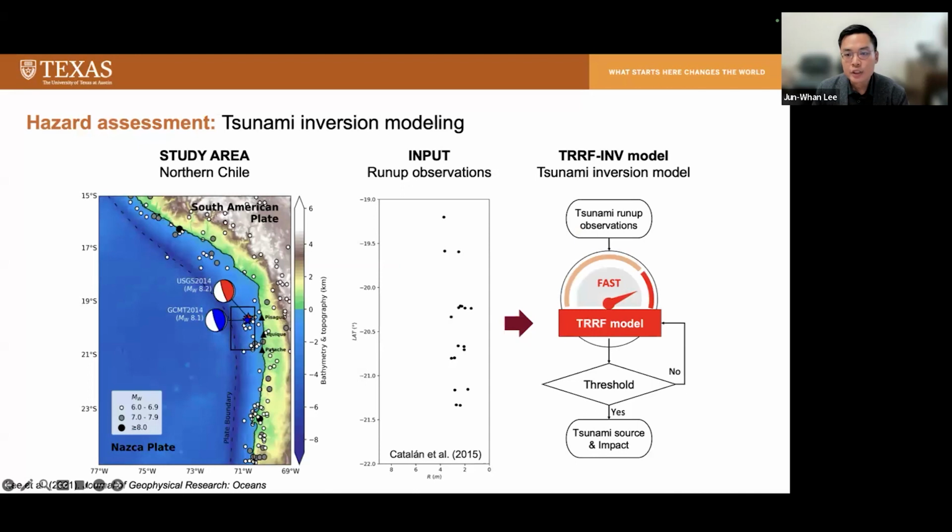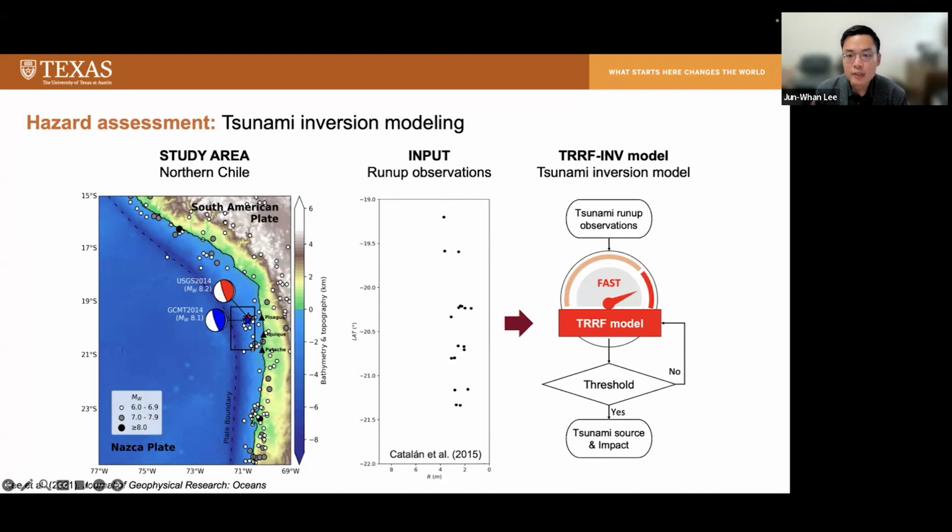So this figure shows the case study of the 2014 Chile tsunami event. If we input the tsunami observations, if you look at the black dots in the middle, those are the real tsunami run-up observations. And if you use these data as an input, this new tsunami inversion model will find the scenarios that show small run-up errors between our new tsunami machine learning model predictions and these observations.